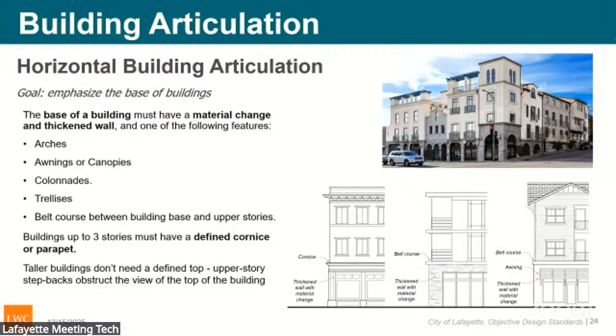We introduced options for ensuring that the base versus the middle of the building are distinguished. And also introduced standards for when a building requires a distinguished, visually distinct base, middle, top versus base and middle based on height.